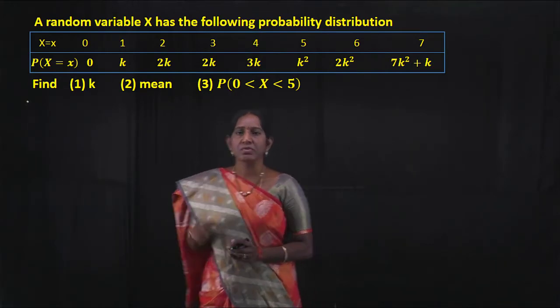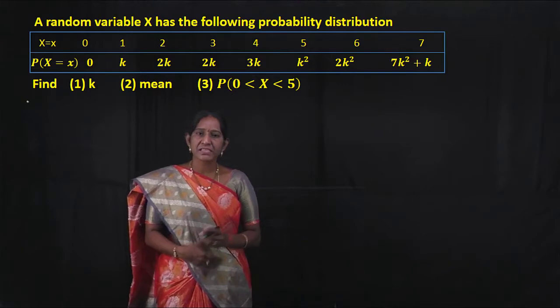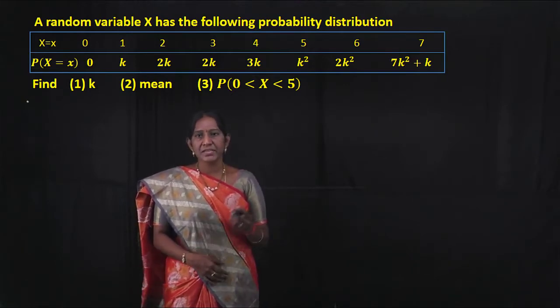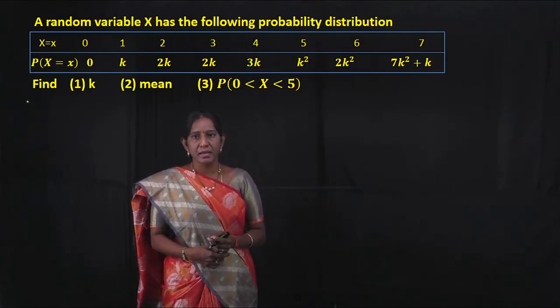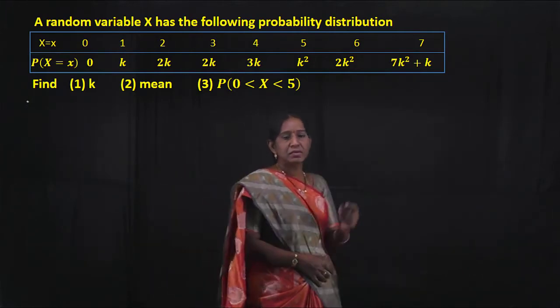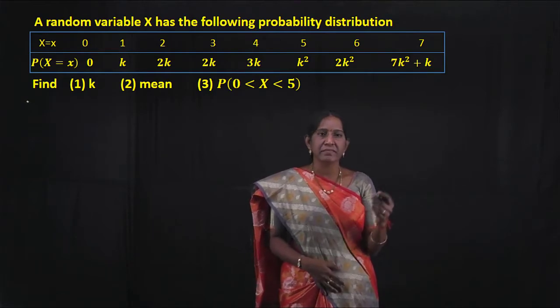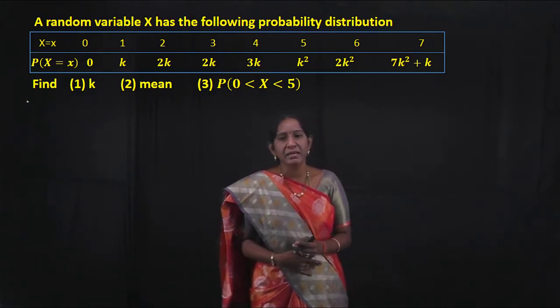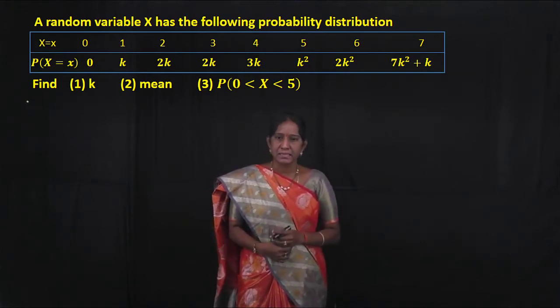P of x equal to 0 is 0, P of x equal to 1 is k, P of x equal to 2 is 2k, P of x equal to 3 is 2k, P of x equal to 4 is 3k, P of x equal to 5 is k square, P of x equal to 6 is 2k square, and P of x equal to 7 is 7k square plus k. Then find k and P of 0 less than x less than 5.